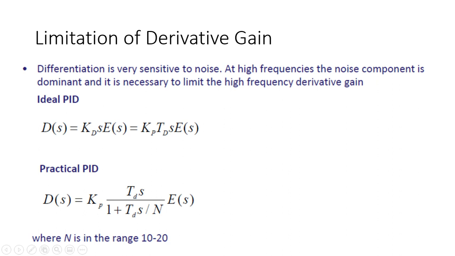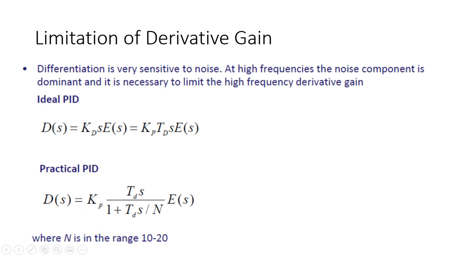Now we just look at the derivative gain limitation. Differentiation is very sensitive to noise. At higher frequency, the noise component is dominant, and it is necessary to limit the high frequency deviation.